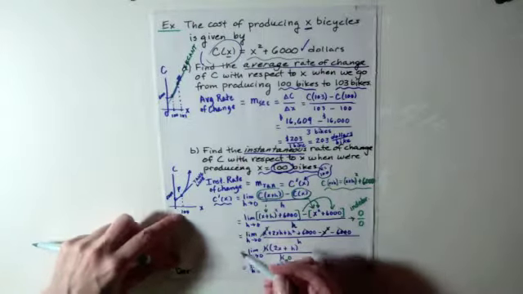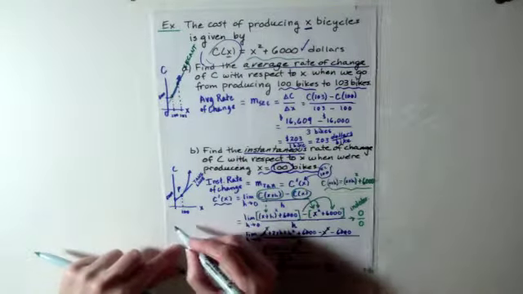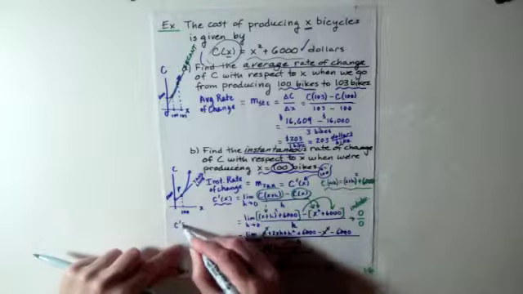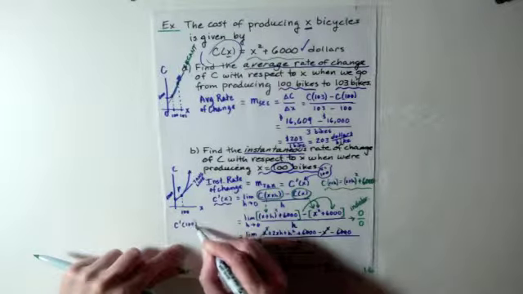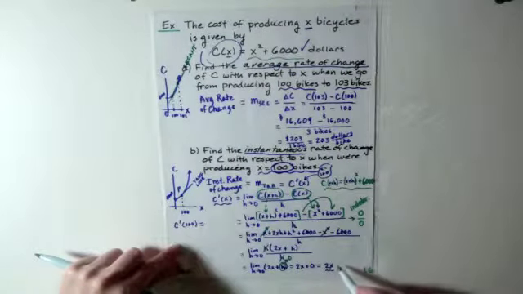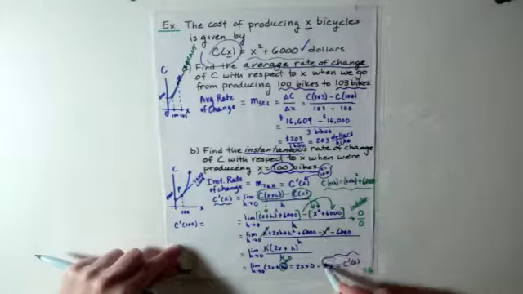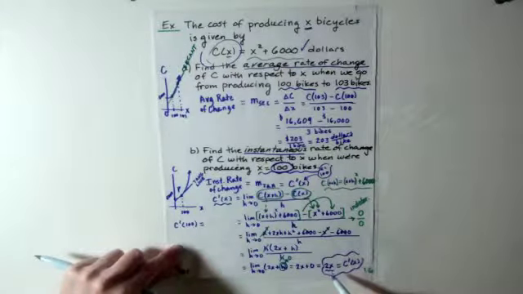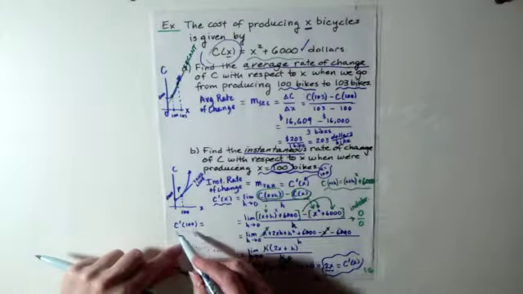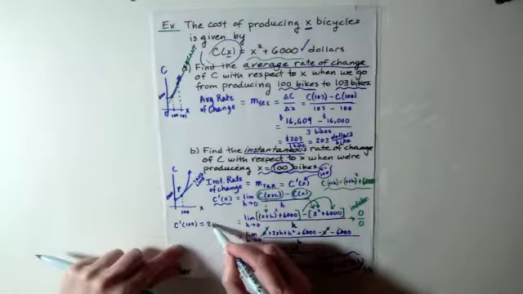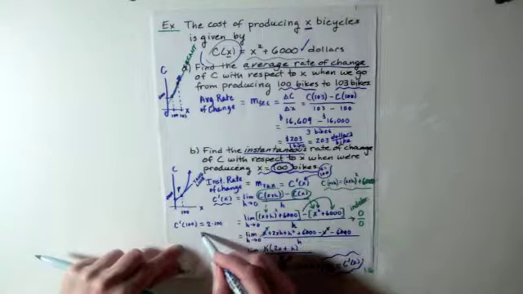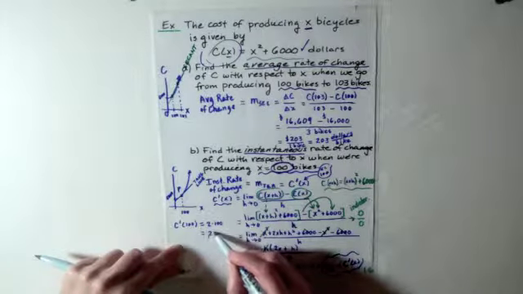So what I really want is not c prime of x, I really want c prime of 100. But I've just gotten a formula for c prime at a general x value, and my formula is c prime of x is 2 times whatever my x is. So c prime of 100 would be 2 times my x value of 100, and I would get c prime of 100 is 200.